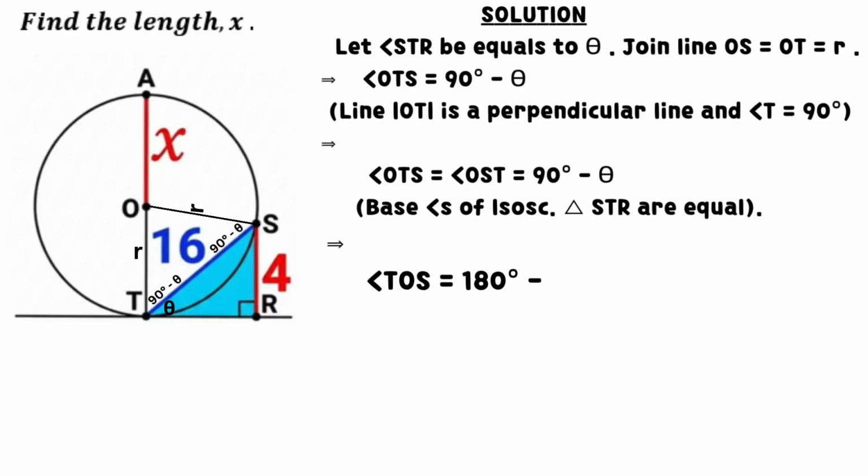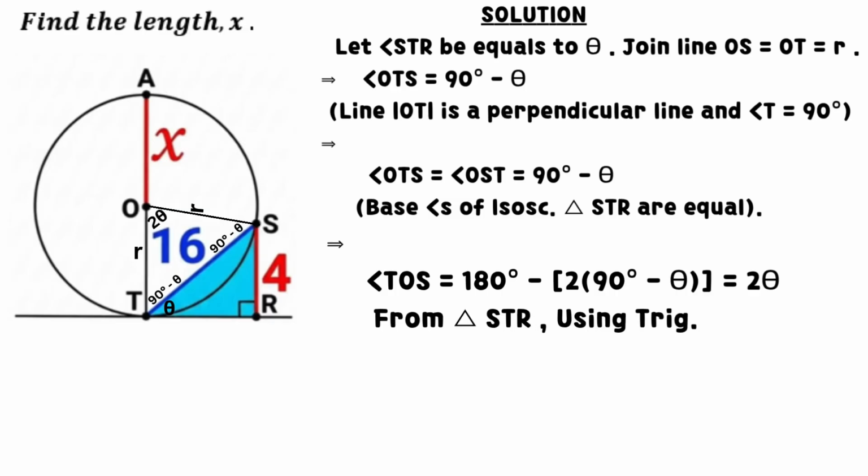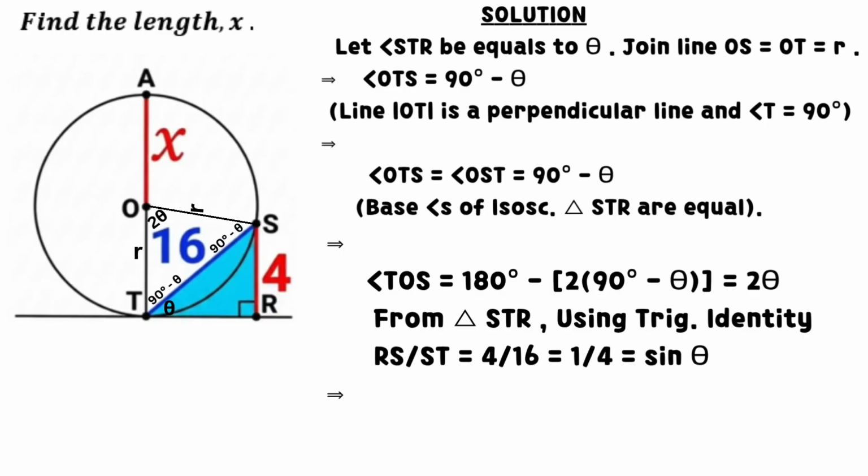This implies that angle TOS equals 180 degrees minus, in brackets, 2 times 90 degrees minus theta, which equals 2 times theta.